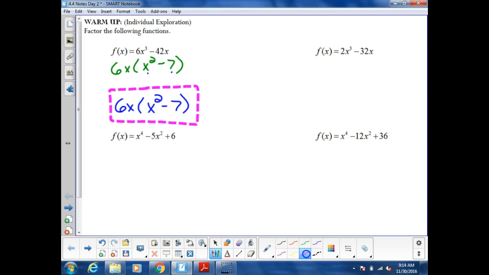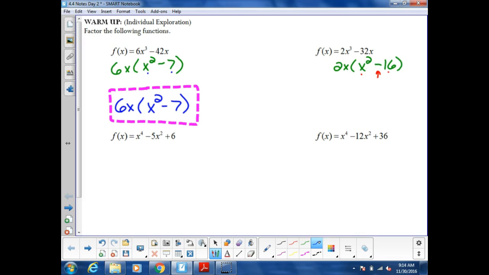Okay. On the second one, factor first out a 2x. That leaves me with x squared minus 16. Now, on this one, x squared is a perfect square, 16 is a perfect square, and most importantly, I have a subtraction sign there.